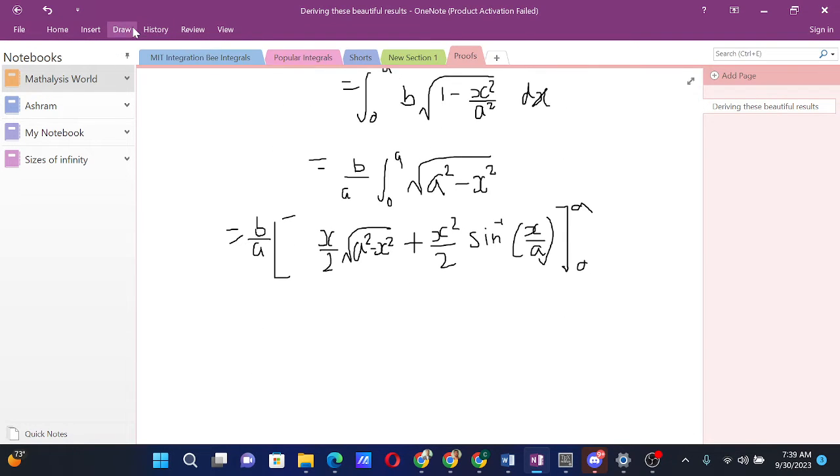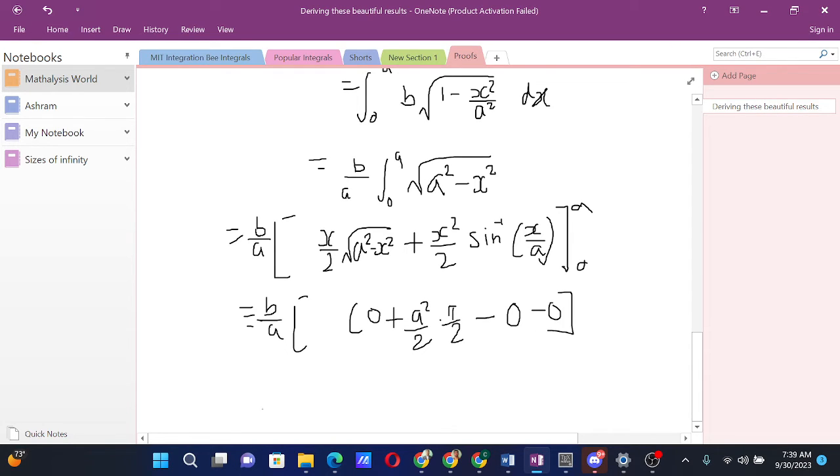And then if we evaluate this integral at the required limits, we get b by a times: 0 plus a square by 2 times sine inverse 1, which is pi by 2, minus 0 minus 0. So a and a cancel out, giving pi ab by 4.